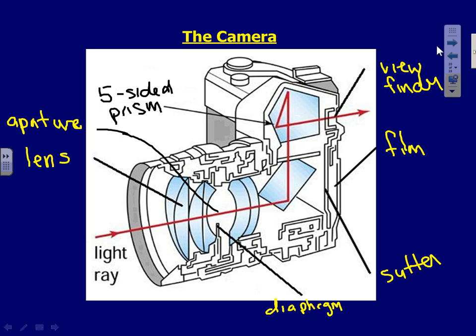What's next? The diaphragm. I'm just waiting for some people to catch up. What does the diaphragm do? The diaphragm controls how much light enters the camera.